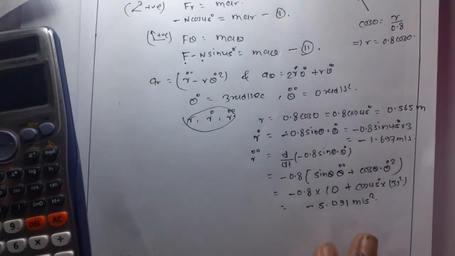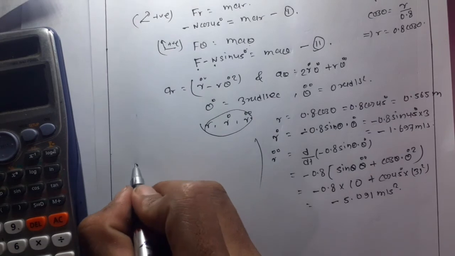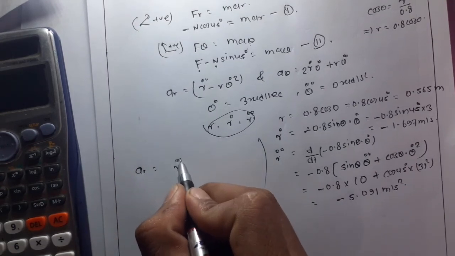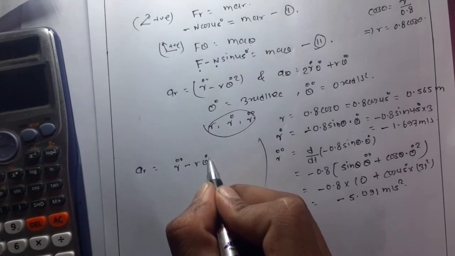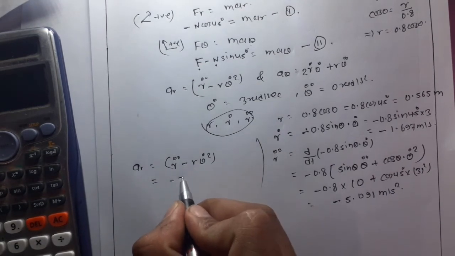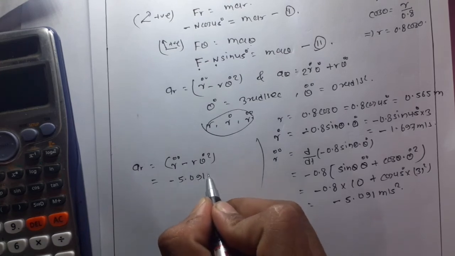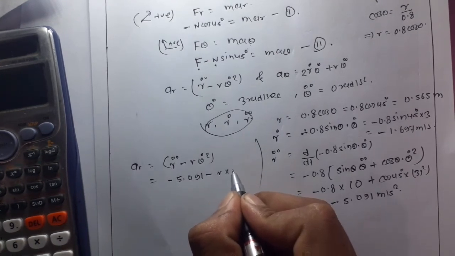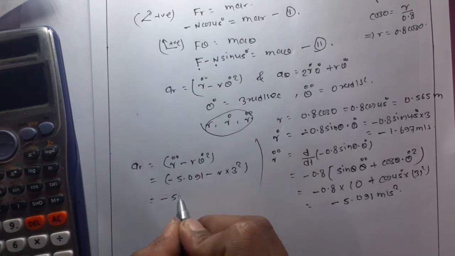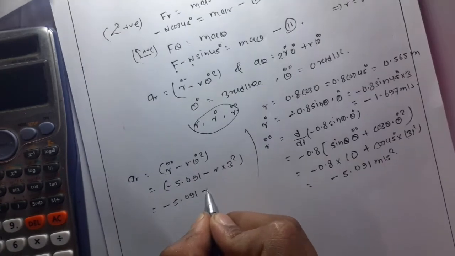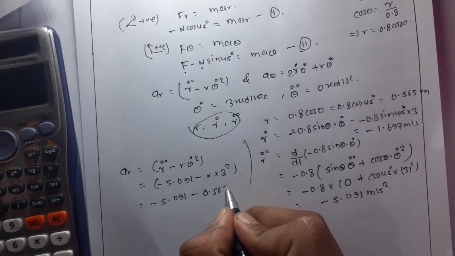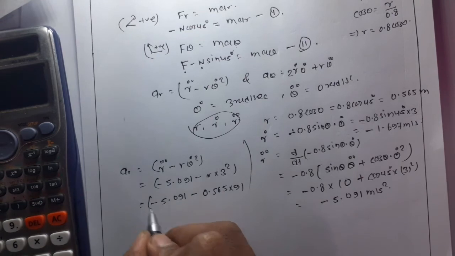Now we have to find a_r. So a_r is r double dot minus r theta dot squared. So r double dot is minus 5.091 minus r into theta dot, which is 3, so 3 squared. So this is minus 5.091 minus r, which is 0.565, into 9.